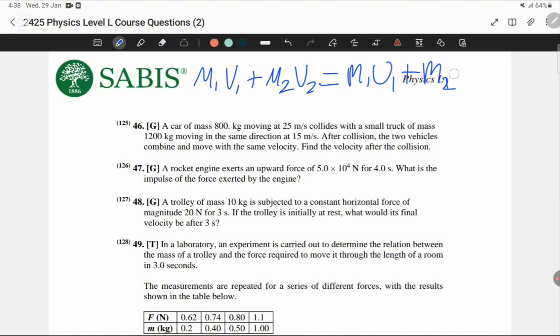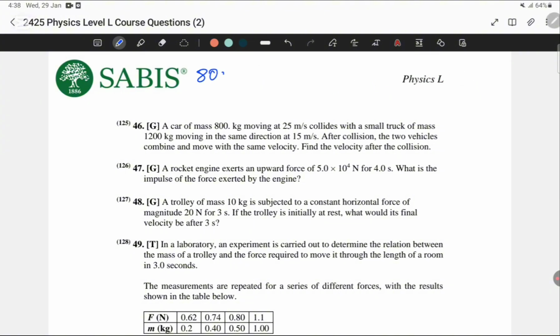So what we're going to do here, 800 times 25 plus 1,200 times 15 equals, they want the velocity after the collision. They're going to be combined and move with the same velocity. This is really important.